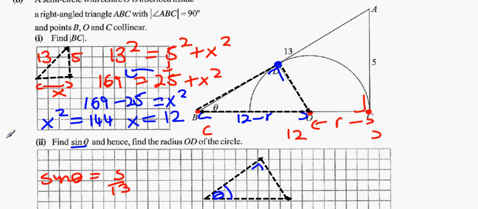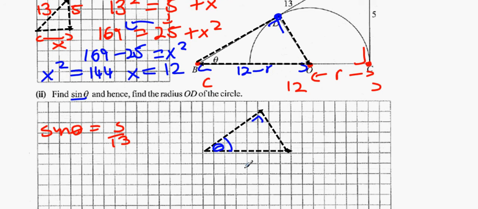Okay, and then we know that this here is 12 minus R, and what we also know is that this here is the radius. This is R. So in a way, we have the opposite and the hypotenuse. The opposite of this triangle is R, and 12 minus R is the hypotenuse.